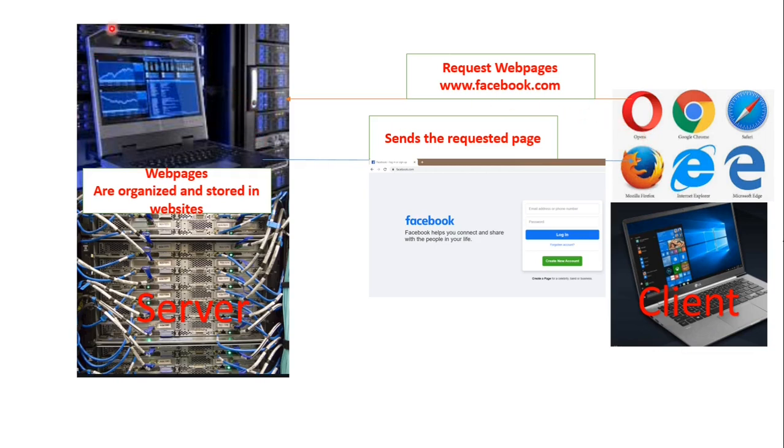At the server end we have web pages. Web pages means there might be a page for your profile, another page for the photos, another page for contacts. These web pages are stored and organized in a website.